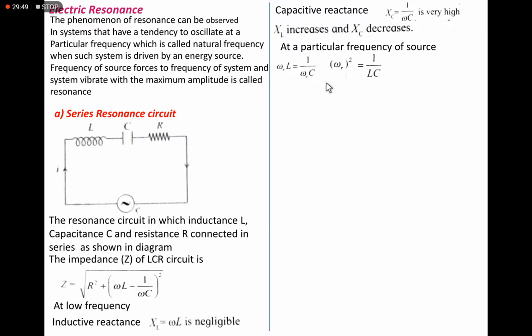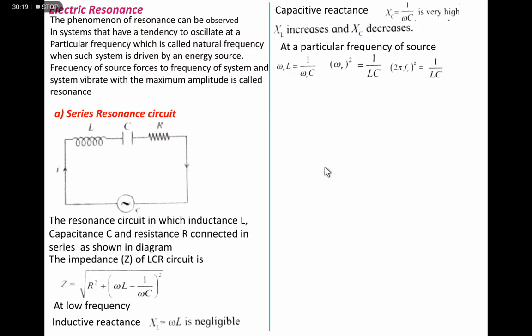By rearranging the equation, we'll write omega r square is equal to 1 by LC. L is the inductance, C is the capacity of the capacitor. Now we know that omega is 2 pi f, so we'll write (2 pi fr) raised to 2 is equal to 1 by LC.